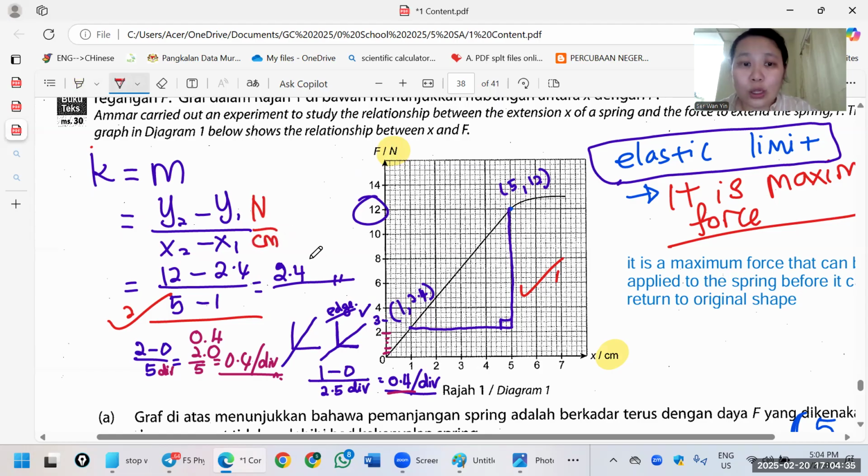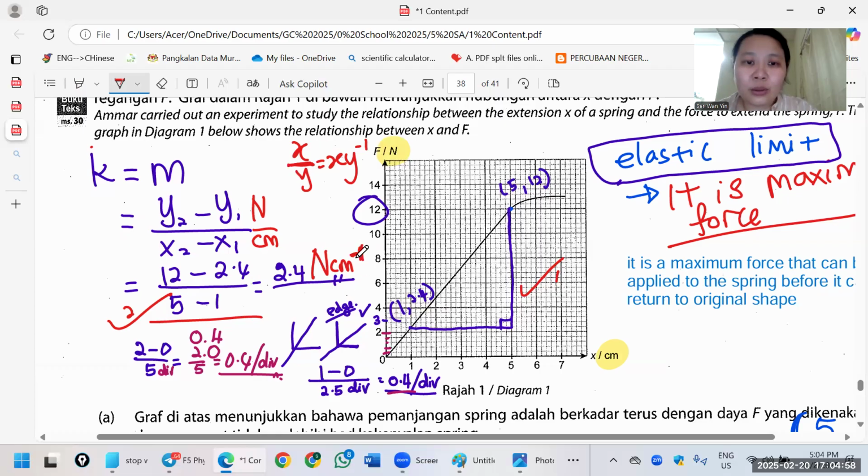So you join it back by using index knowledge, like x over y equals xy to the power of -1. But of course, in physics, we don't say it like in maths; we say Newton per centimeter.